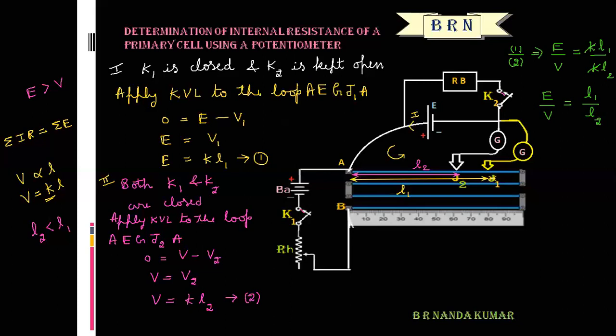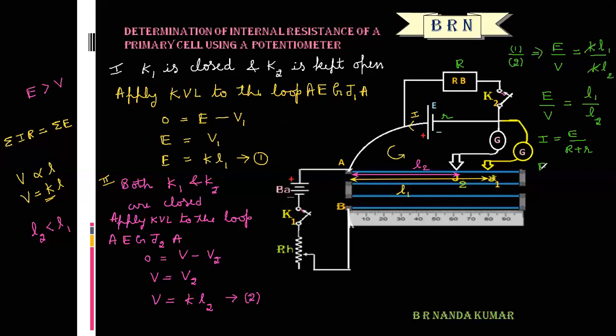So what is the relation connecting electric current, external resistance, internal resistance and EMF? That is I is equal to E divided by R plus r.